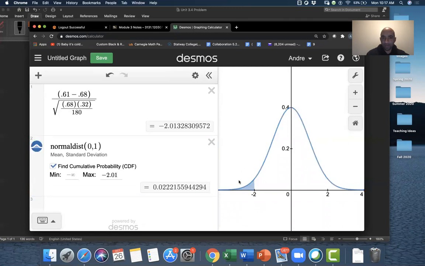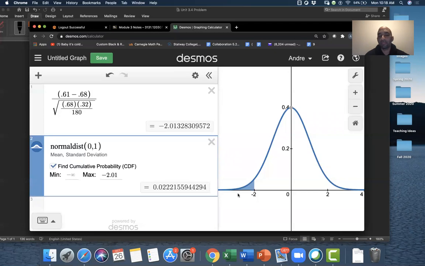You can see here that this blue area is the area below the standard normal distribution, to the left of negative 2.01. And this area is 0.022. So this is the p-value. It's the area to the left of the standardized test statistic because we have a left tail test.